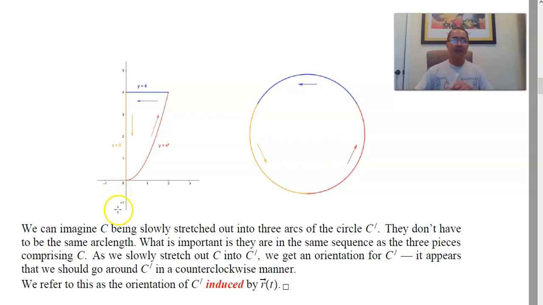Imagine that you have this curve, and you just stretch it out into a circle, a process that topologists like to call a homeomorphism. If you more or less follow those arrows over here, you are going in a counterclockwise manner.